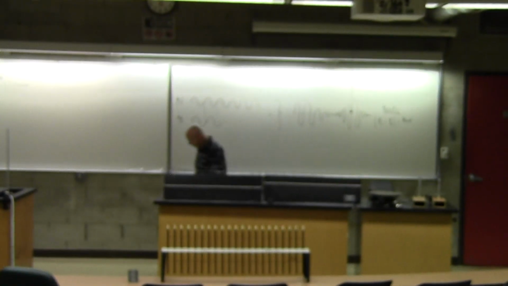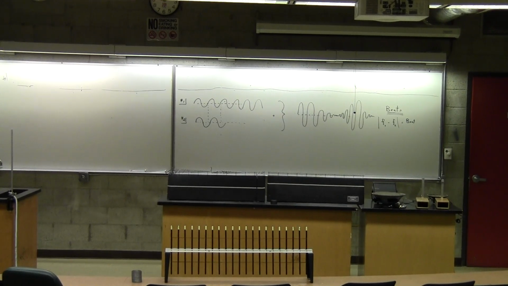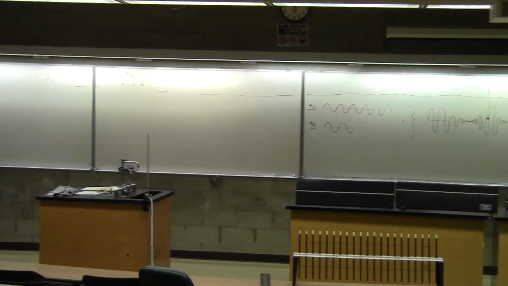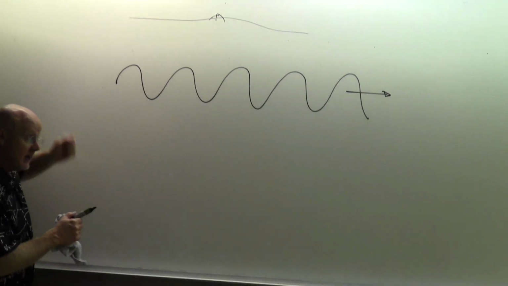What I want to do next and last is to say, what would happen if I made a whole set of waves? And so I have a whole set going to the right. So I'll just stand on this side and keep making it on the right.